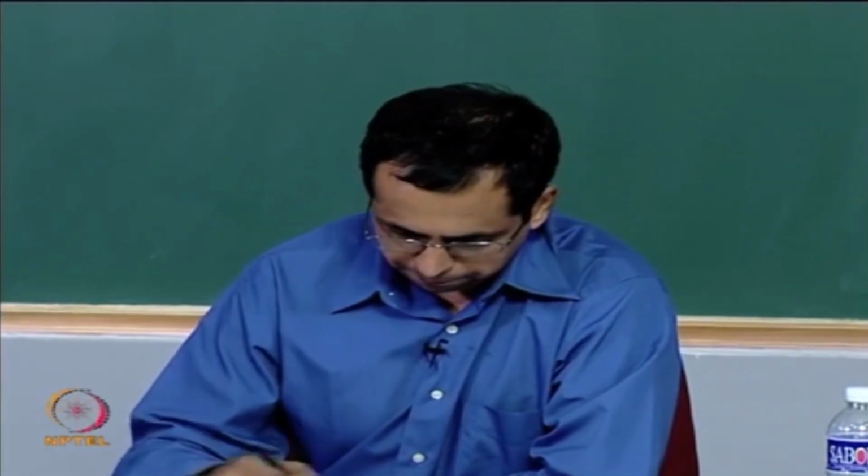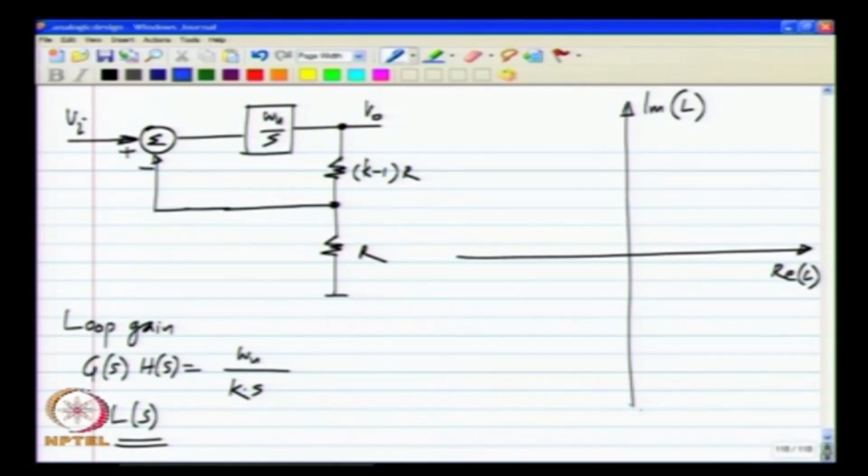Whatever value of omega in s equals j omega, the phase is minus 90 degrees. At s equals j 0, the magnitude is infinity.